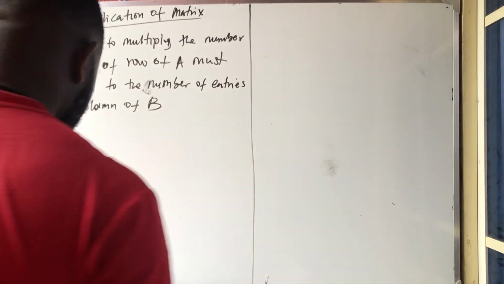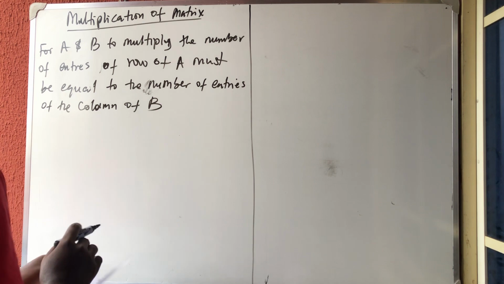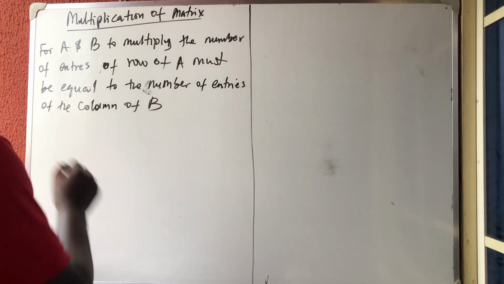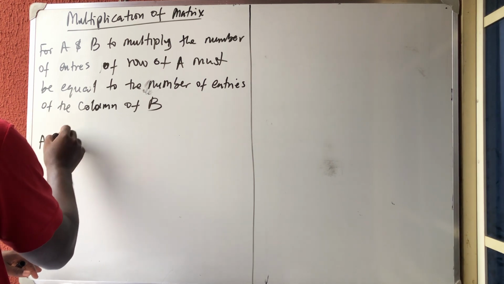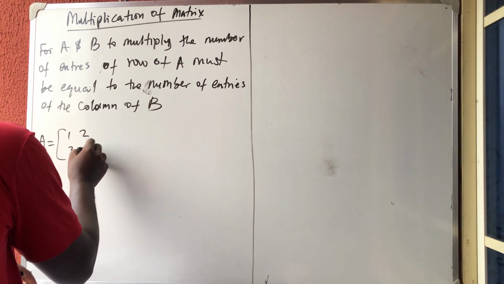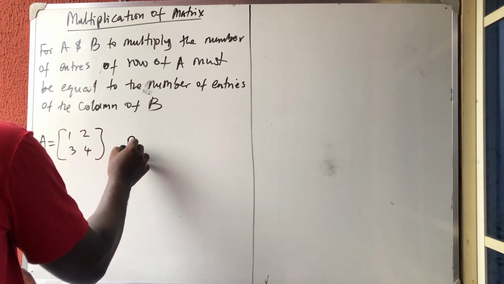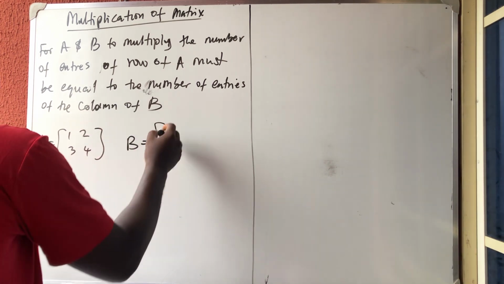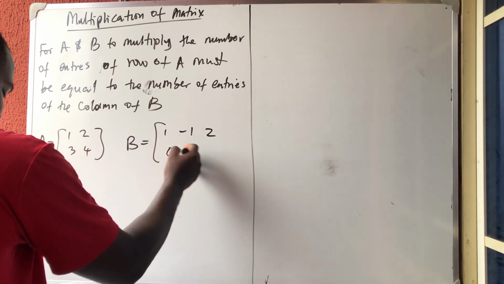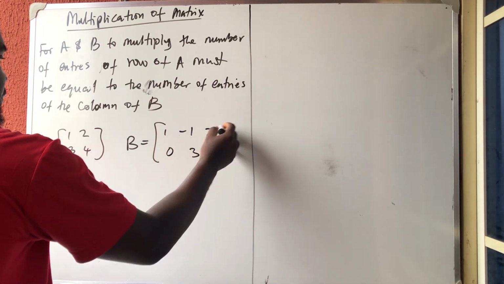So let's take an example. If you have that A is equal to 1, 2, 3, 4 and B is equal to 1, minus 1, 2, 0, 3 and 5.